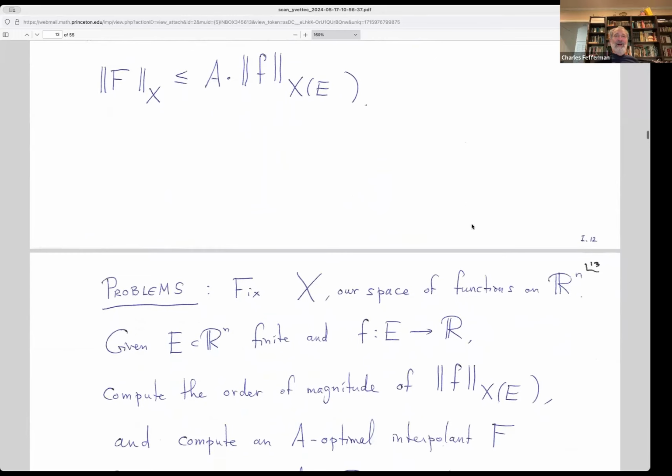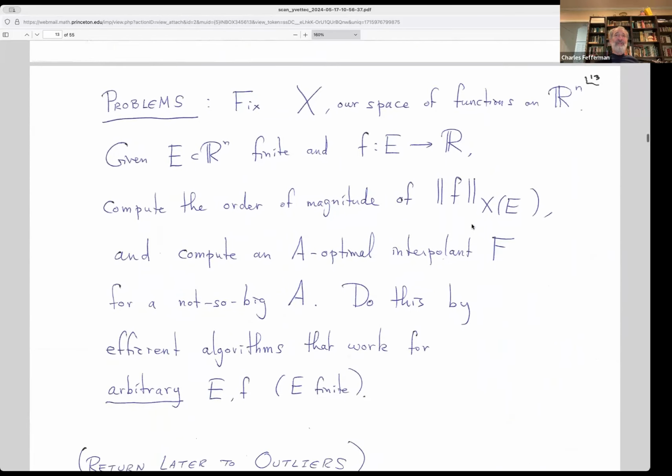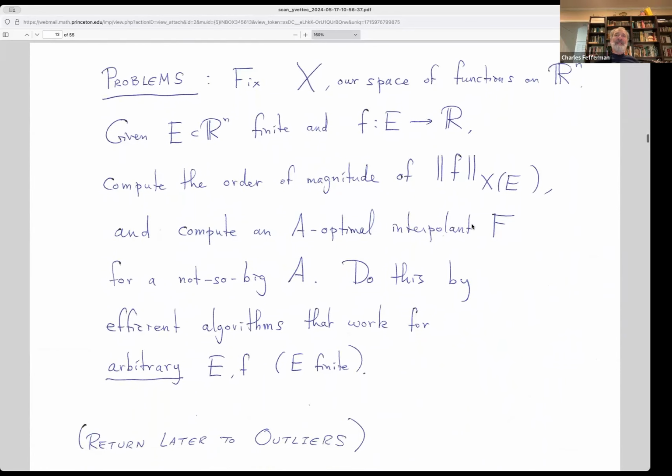Okay, so all right, now I can pose the interpolation problem with a little bit more precision. So we're going to fix X, our space of functions on Rn. We're given a finite set E and a function f defined on E, and we want to compute the order of magnitude of the trace norm.